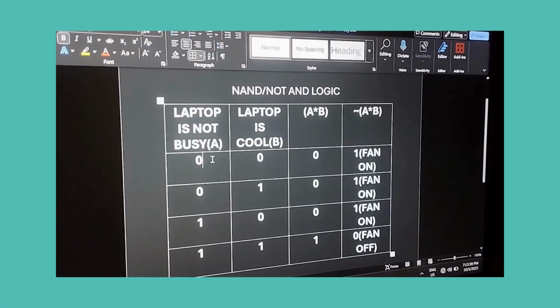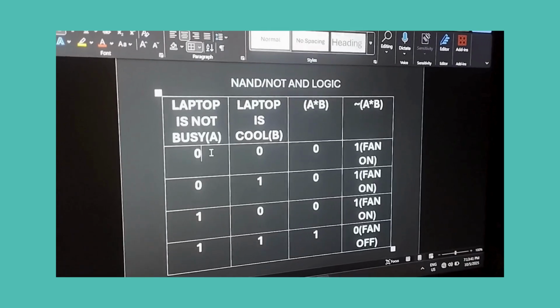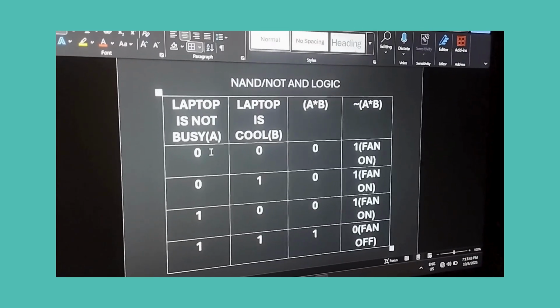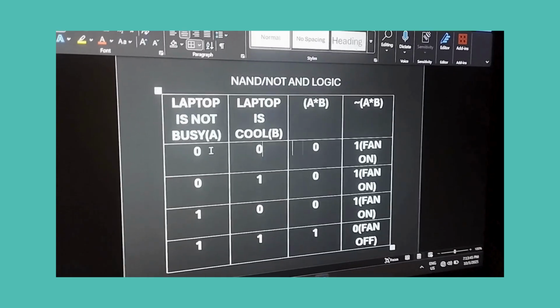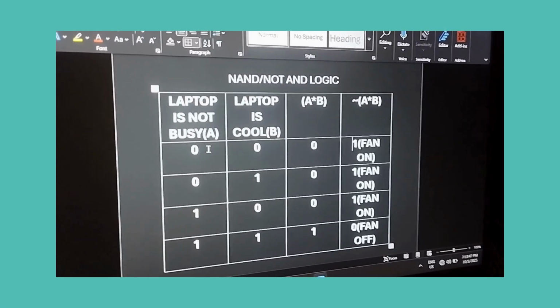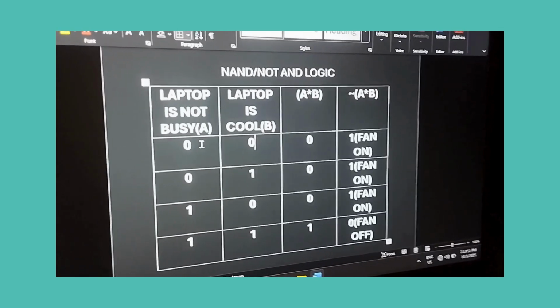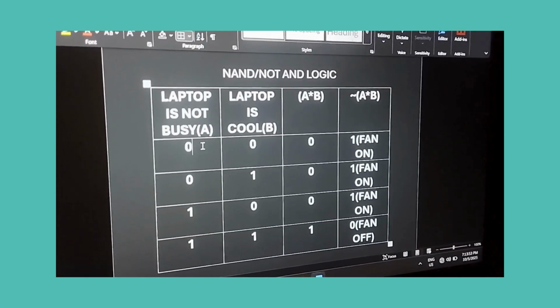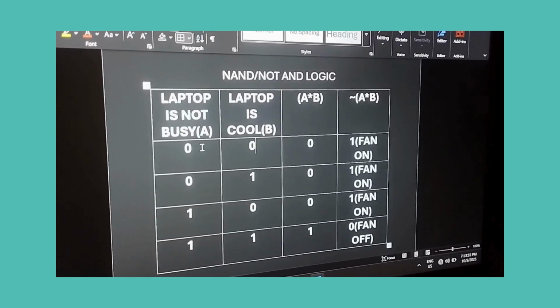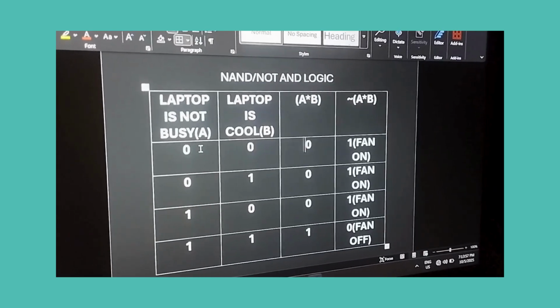If the first condition is false and the second condition is false as well, then the NAND output is going to be 1, since the laptop is busy and the laptop is at high temperature.